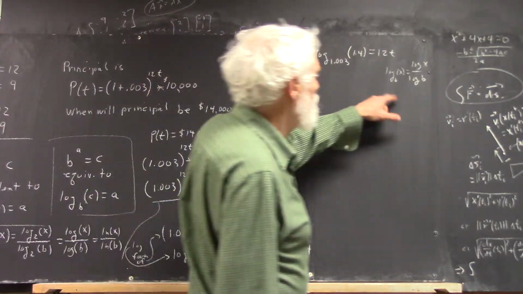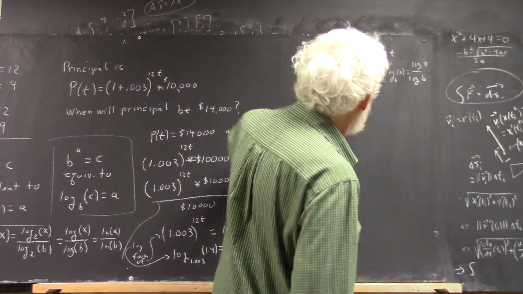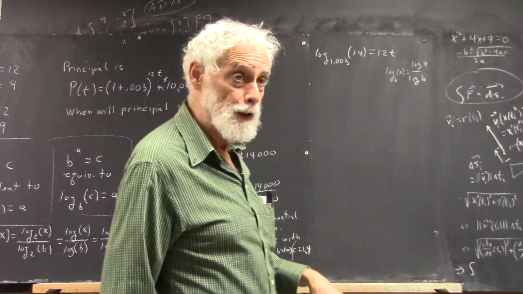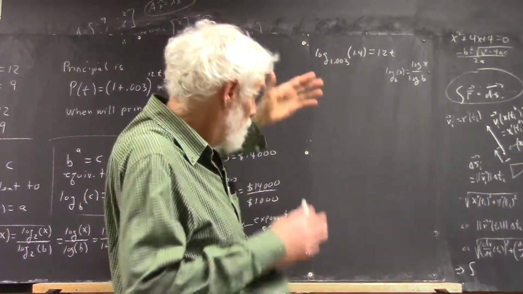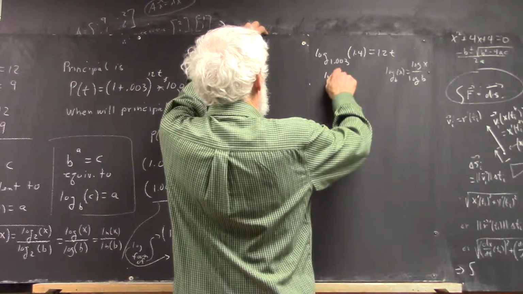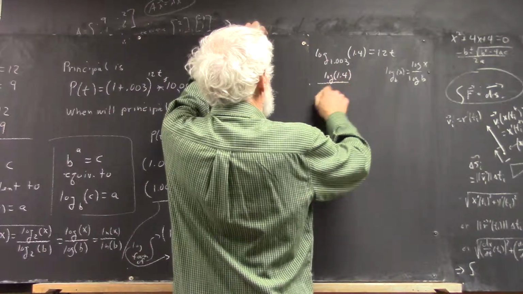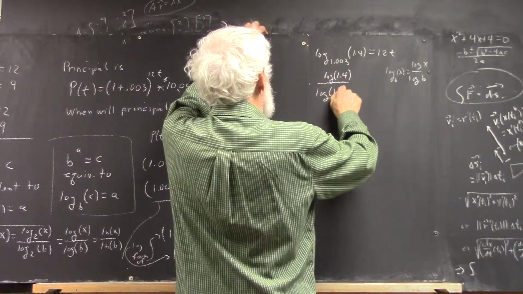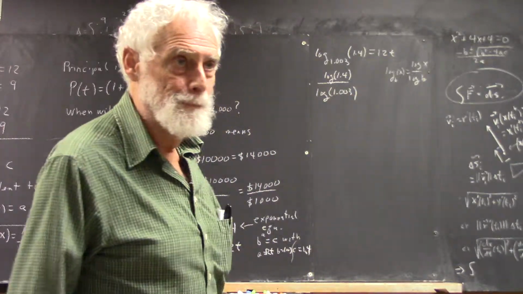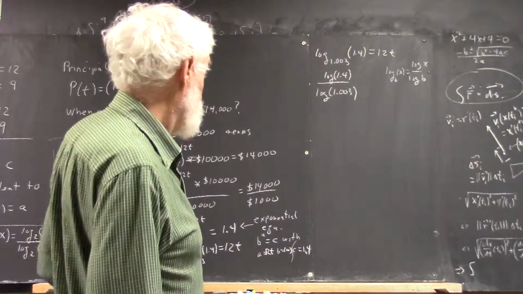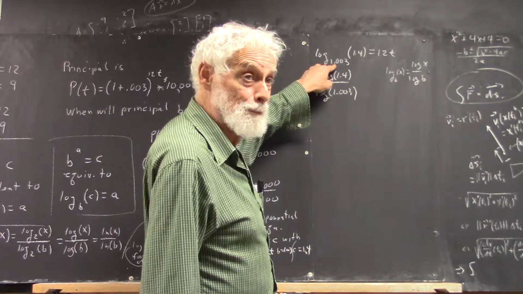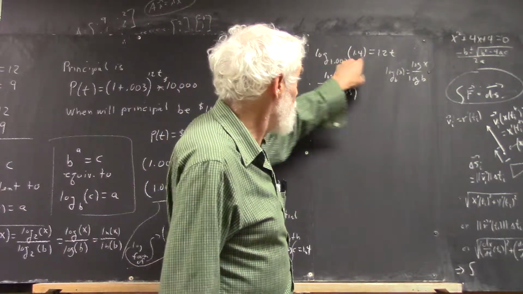So log base b of x is log x over log b. How can we put this into the form of log of one thing over log of another? Well, if you read it carefully, that's going to be log of 1.4 over log of 1.003. Just using this, b is what's here, that's your 1.003, and x is what's here, that's your 1.4.